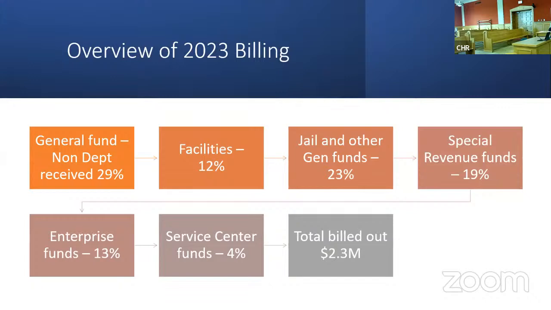Jail and other general funds, 23%. Special revenue funds got 19%. Enterprise funds, 13%, and service centers, 4%. So by far, the general fund received almost 60% of the bill.